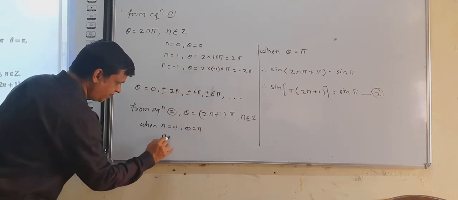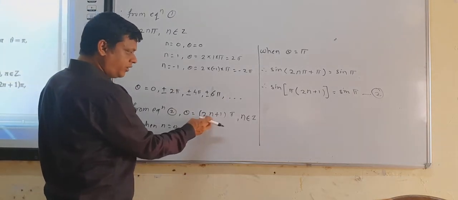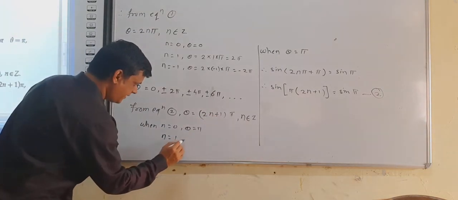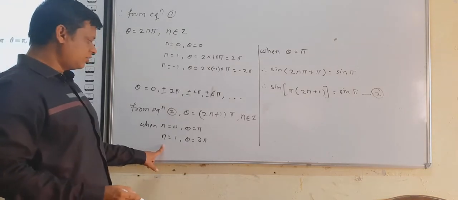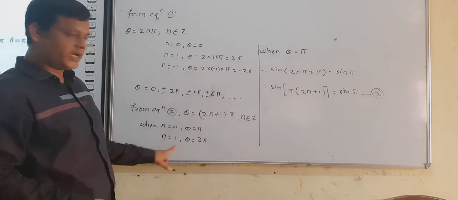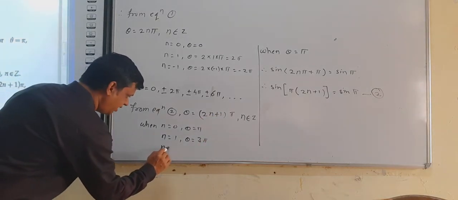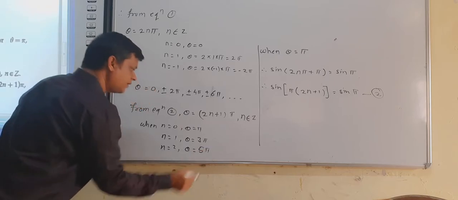When n equals 1, we get 2 into 1 is 2, 2 plus 1 is 3, so 3 pi. Theta is equal to 3 pi. When we substitute n equals 2, 2 into 2 is 4, 4 plus 1 is 5, so we get theta equals 5 pi.